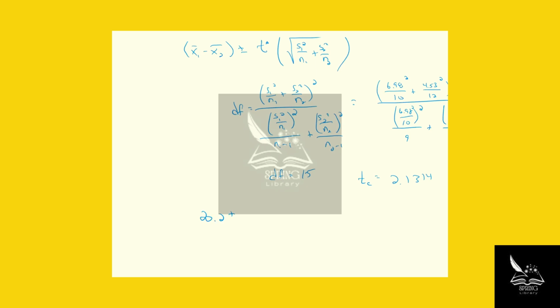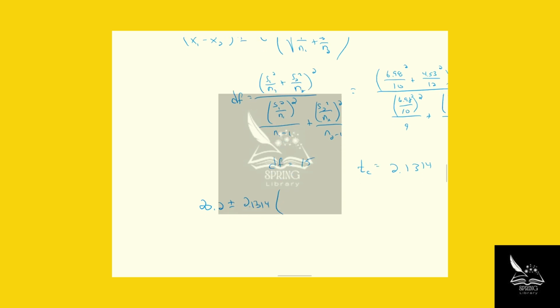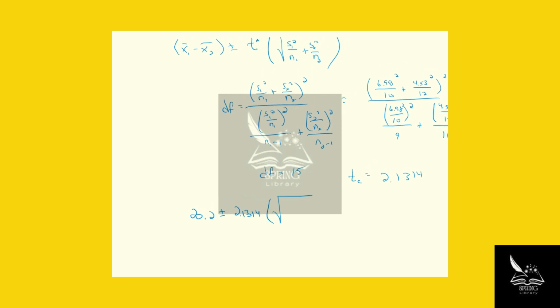That's going to be 20.2 plus or minus the critical t times the standard error, which is going to be the square root of 6.98 squared over 10 plus 4.53 squared over 12.